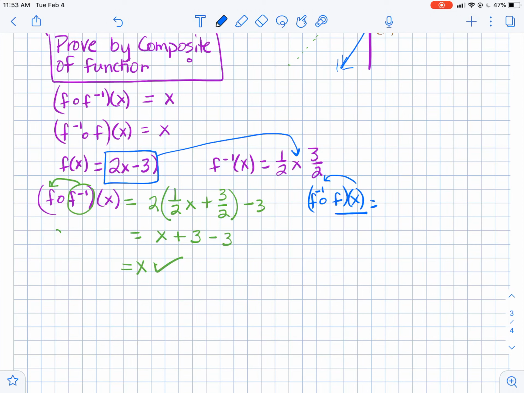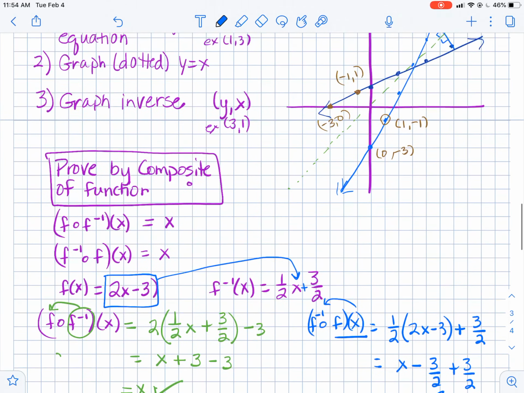So I have 1/2 times 2x minus 3, oops, that should have been plus 3/2. Distribute: x minus 3/2 plus 3/2 equals x, and it does check. So again, doing it a different way, I have now proved that those are inverses.